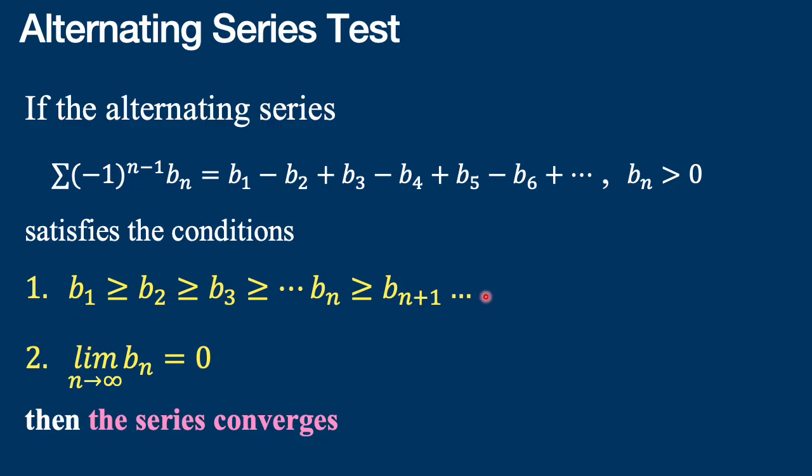Bn is decreasing, and the limit of Bn is going to be 0. You check two conditions, that the alternating series satisfies these conditions. Then you're going to say this series converges. Do you understand that? For an alternating series, Bn is decreasing and the limit of Bn is 0. That series converges. Let's have the first example.